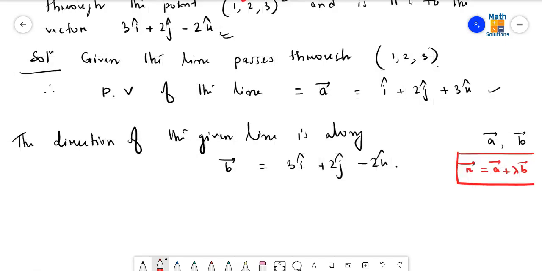It is not mentioned in the question in what form we have to derive it, so we prefer to find out in vector form only. If you want to find out in Cartesian form, then also it can be done.